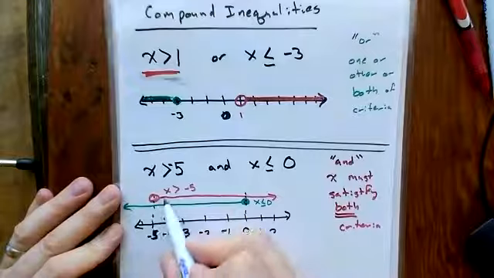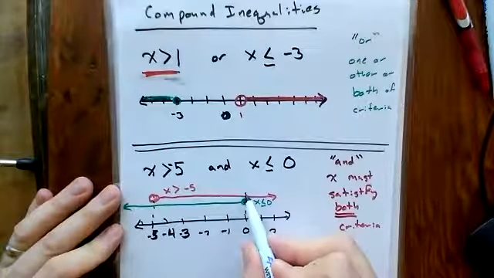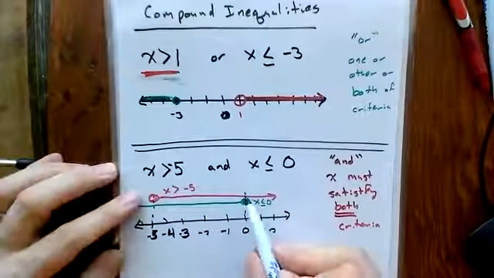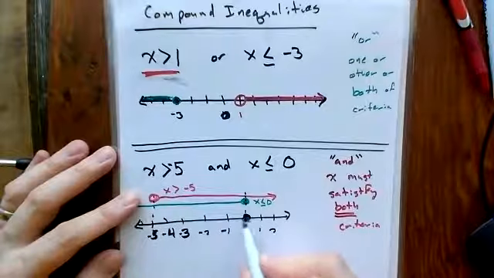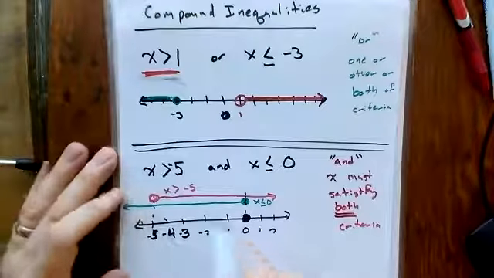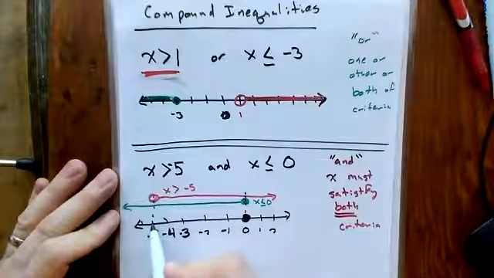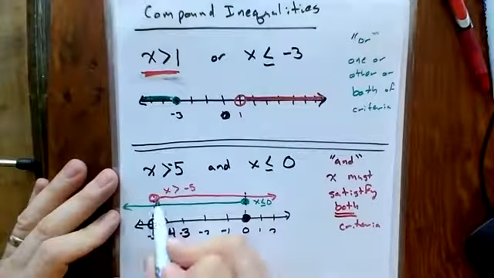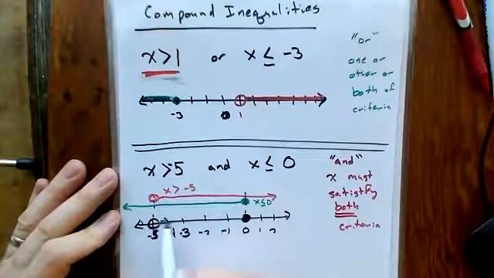So anywhere I've got both of these lines, x could equal 0. x can equal 0 if it's greater than -5. So yes, that could include that. It won't include our point of -5 because it can't for this first one. And any place where I've got both of the lines, there it is.